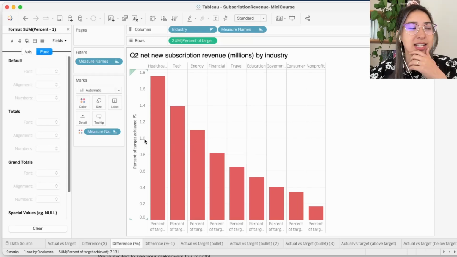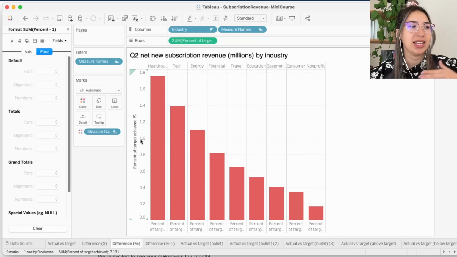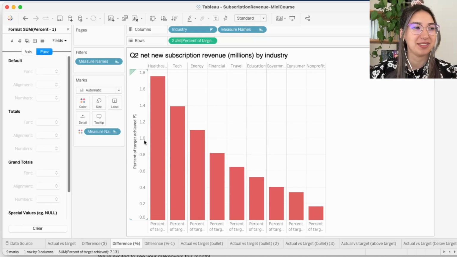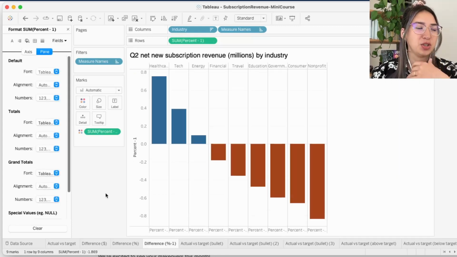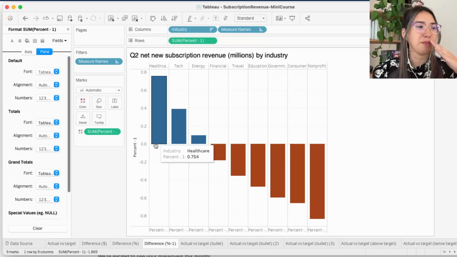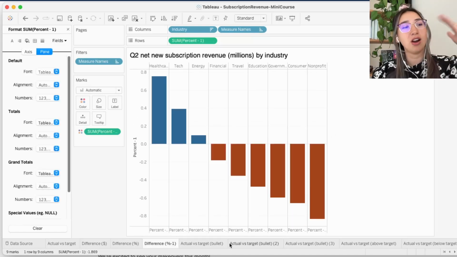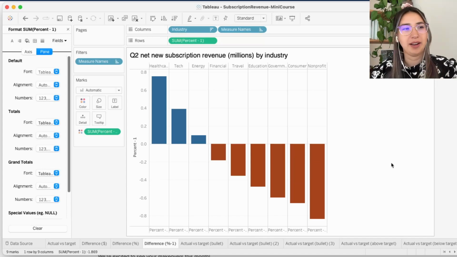Something you might notice is that there's one reference point: if you had exactly hit your target, you performed at 100%. So what we could do is just do percent minus 1, take all of these bars and cut it off at 1, and then have the ones that are underperforming look like they're going down.